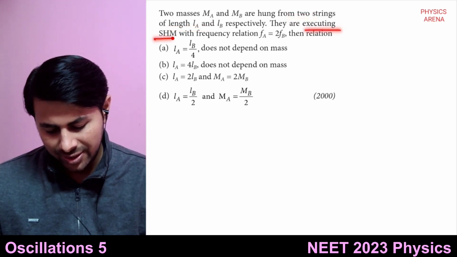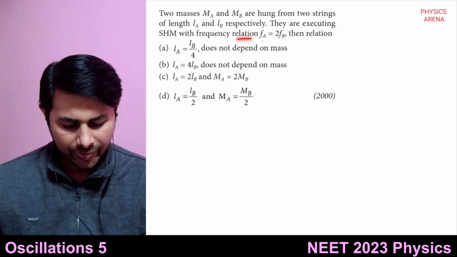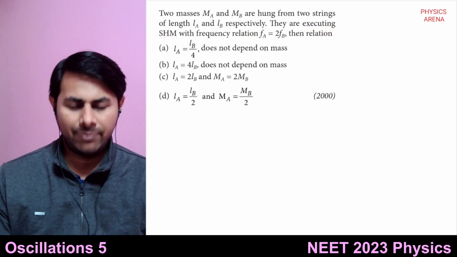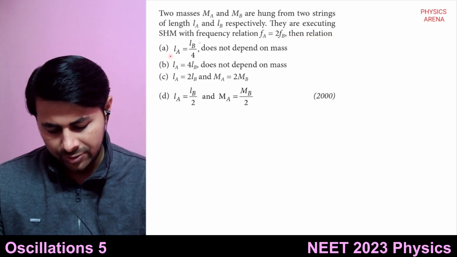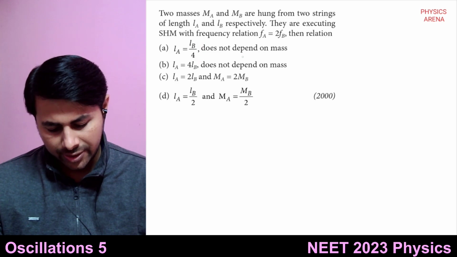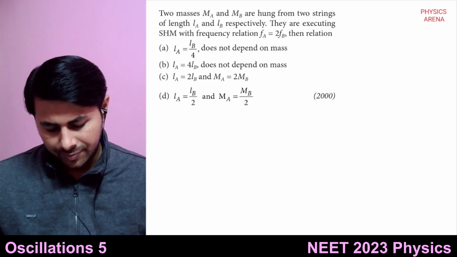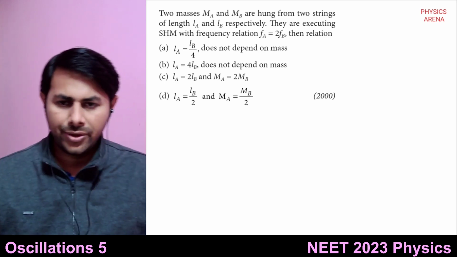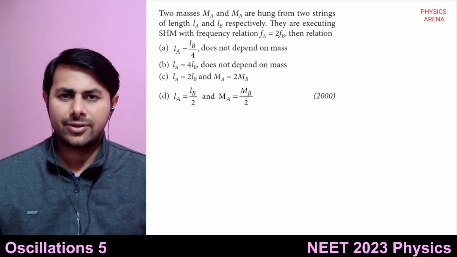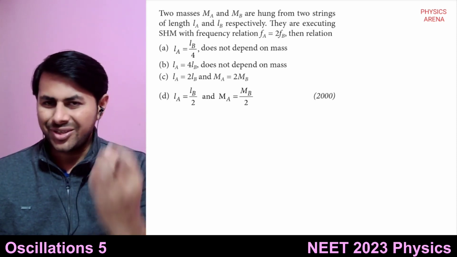They are executing SHM with frequency relation FA equals 2 times FB. Then the relation LA equals LB by 4 does not depend on mass. So does it depend on mass? In SHM here you don't have a spring, you have strings.